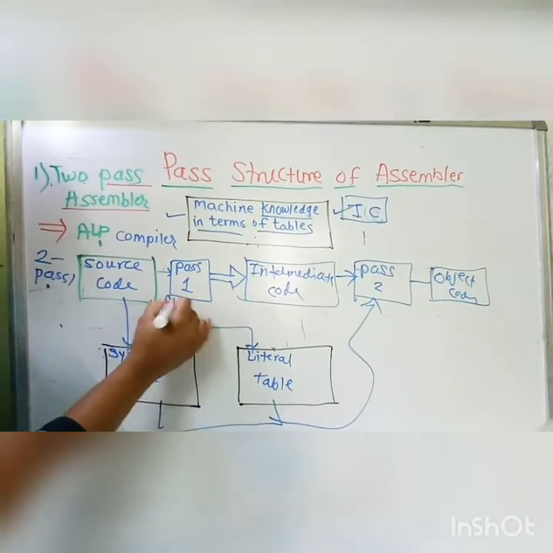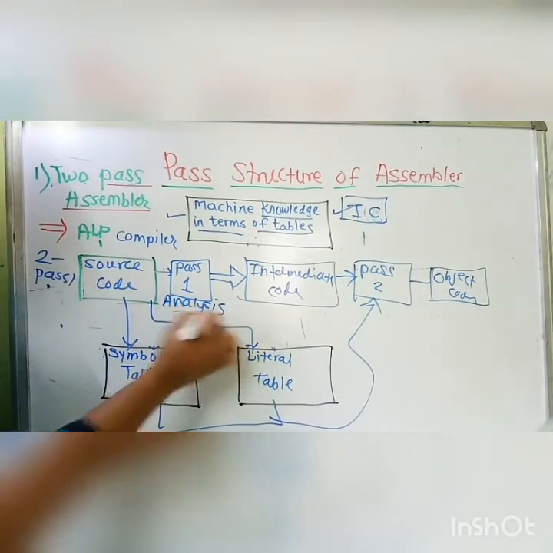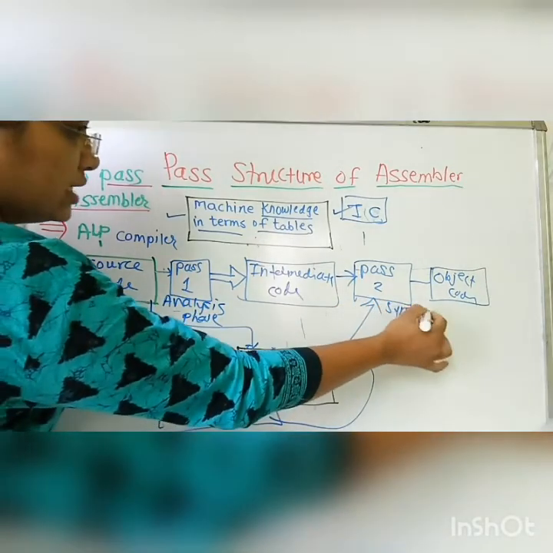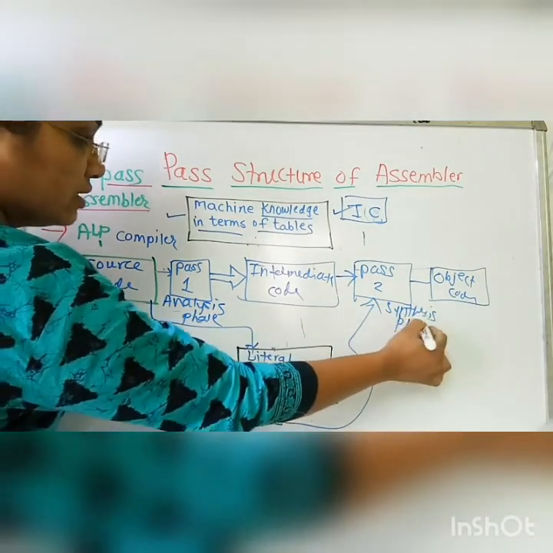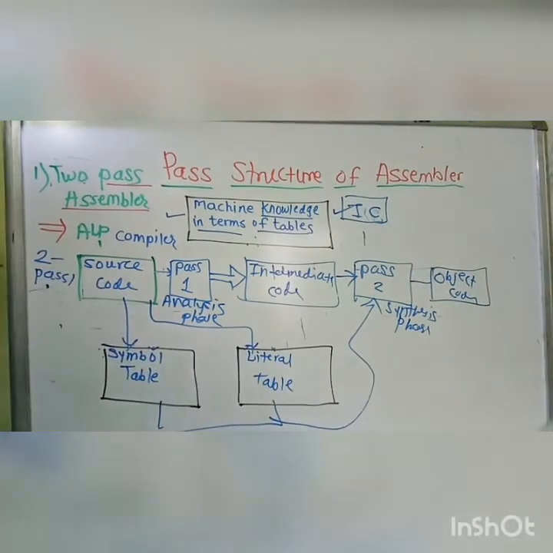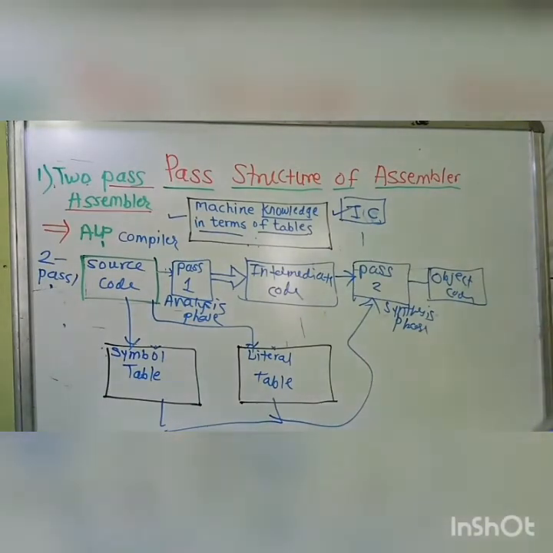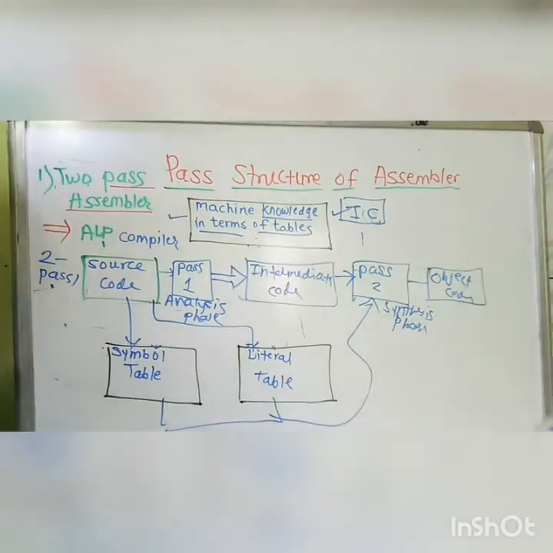This is the analysis phase and this is the synthesis phase, and finally our object code is generated. So this is the two pass assembler.